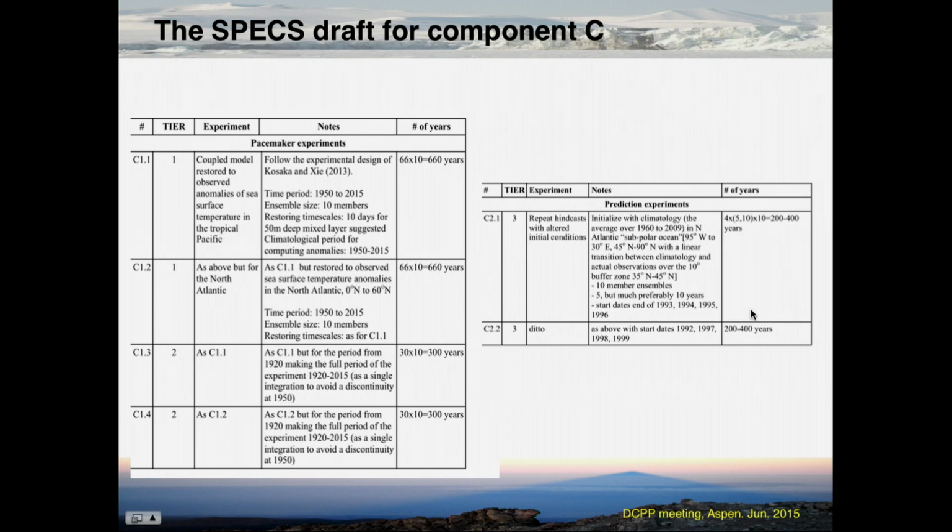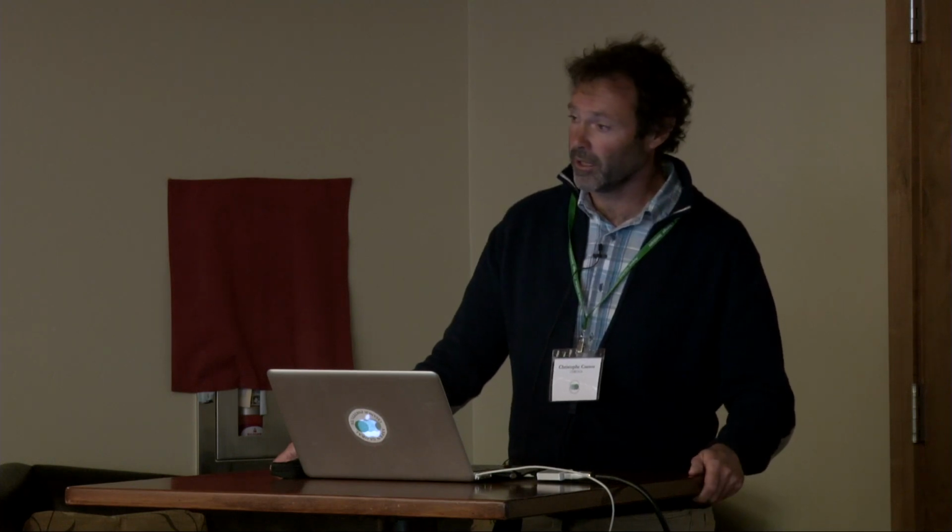And in tier 3, as Doug mentioned, there's a lot of evidence that the South Polar gyre is very important for decadal prediction in the Atlantic. So we want to rerun the hindcast from component A, but without initializing the South Polar gyre, to assess the importance of this region in terms of predictability.